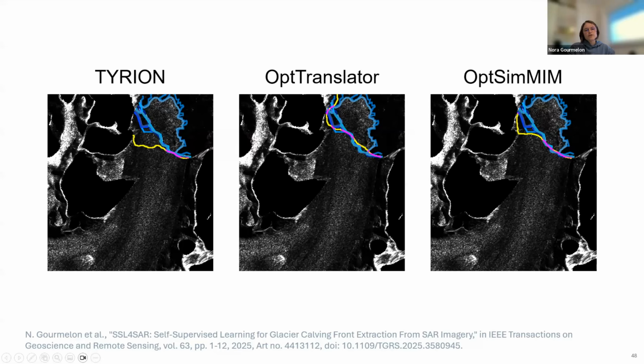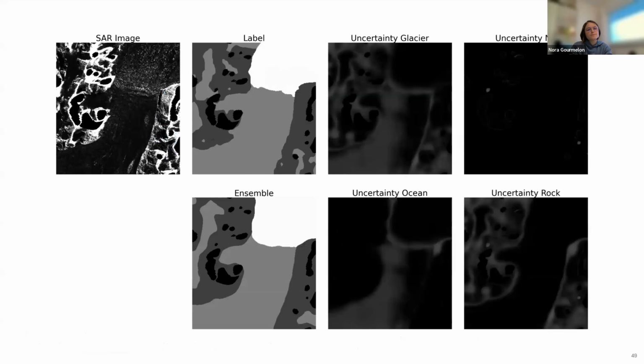And one advantage of ensembling is that we can also generate uncertainty maps. So for the same example that we had before, we can generate one uncertainty map for each of the classes. It shows, in this example at least, that for this part of the glacier the model is rather uncertain whether it is glacier or ocean.